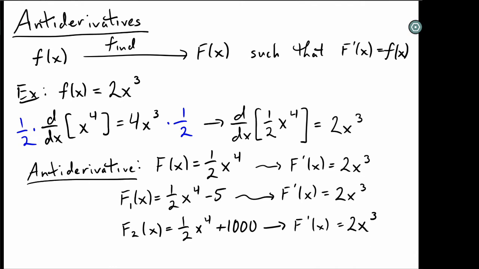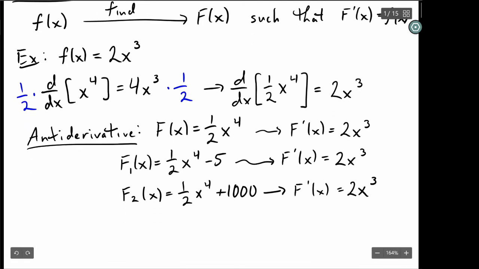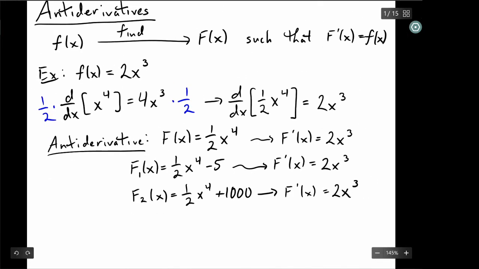And you can imagine I could add or subtract any constant I want, and my derivative is still going to be 2x cubed. So we can find many different antiderivatives of a function, and they all differ by some constant.